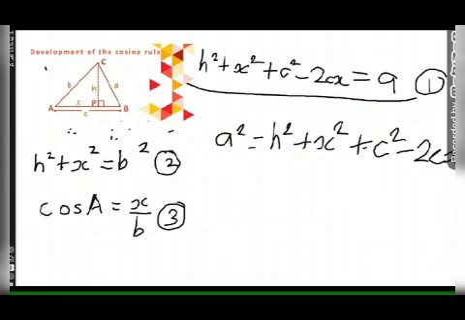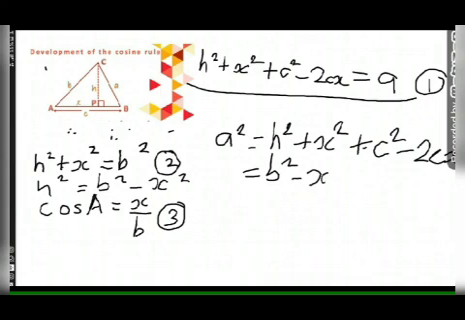Now, when we rearrange our second equation, we find that h squared becomes equal to b squared minus x squared. This means that for our h squared, we can substitute it with b squared minus x squared, plus x squared, plus c squared minus 2cx.